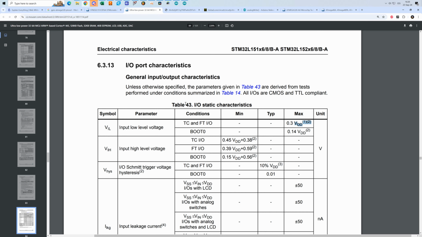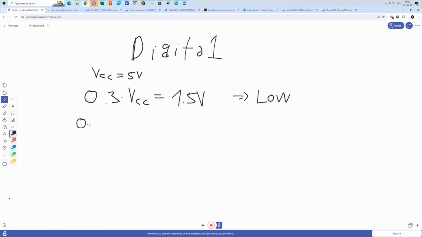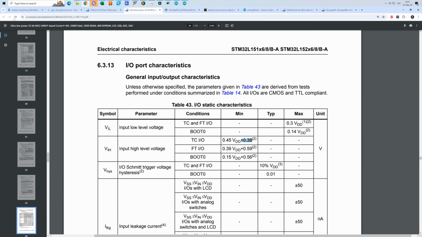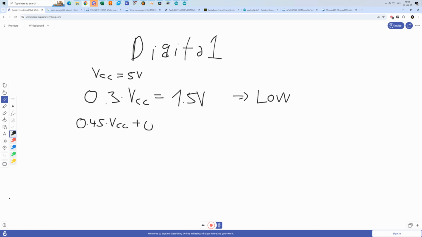Now, for the logic high, we can see that this is 0.45 times VDD plus 0.38 volts. So 0.45 times VCC plus 0.38 volts.